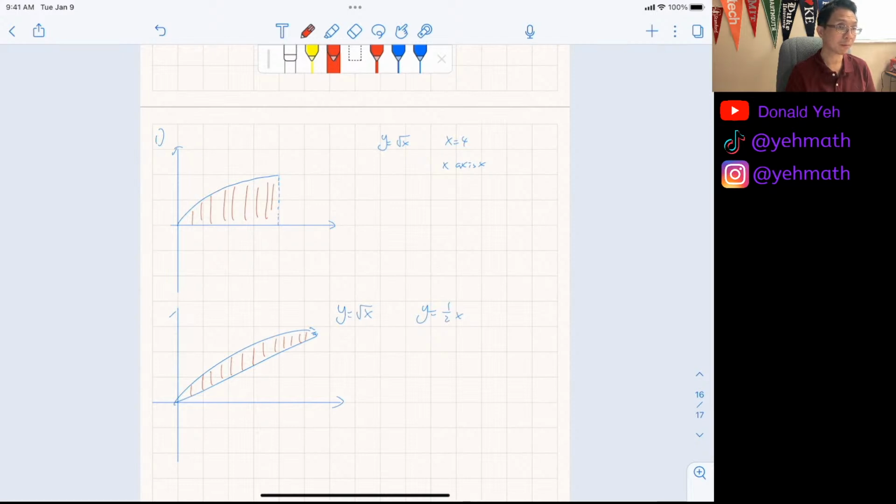Should I start with the first one? No, it should be an easy one. The second one's a little bit harder. I will talk about that one if you struggle with it.